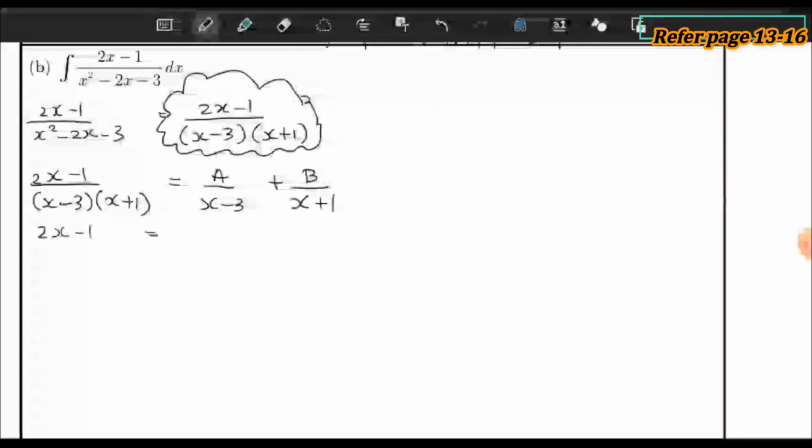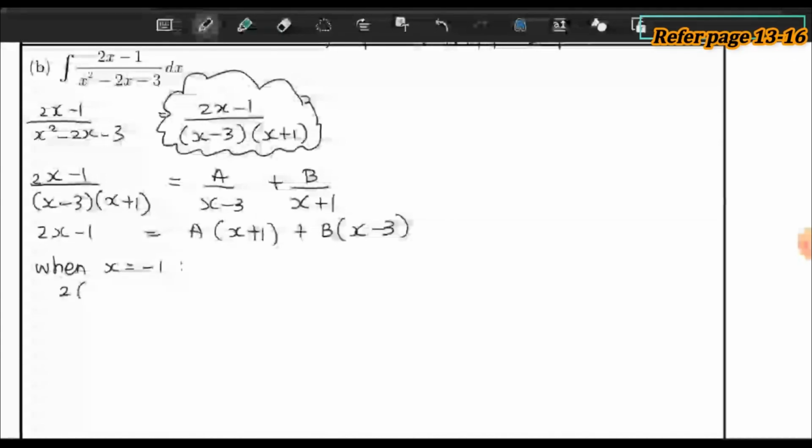Then, we equate the denominator and we substitute a suitable value of x. For this case, we substitute x equal to negative 1.